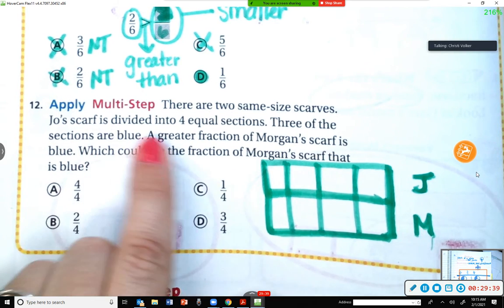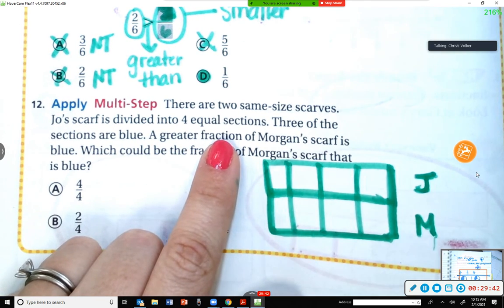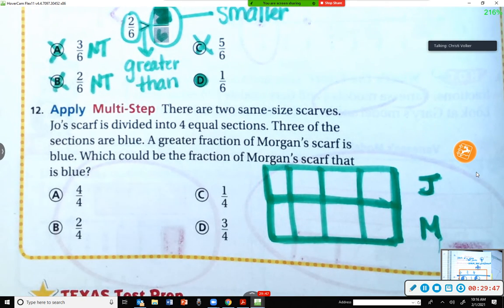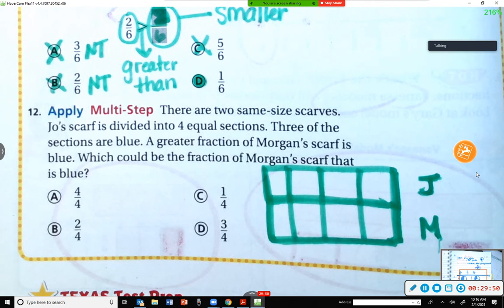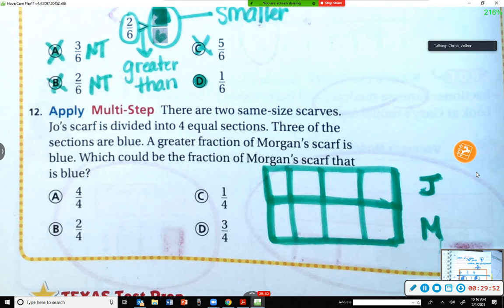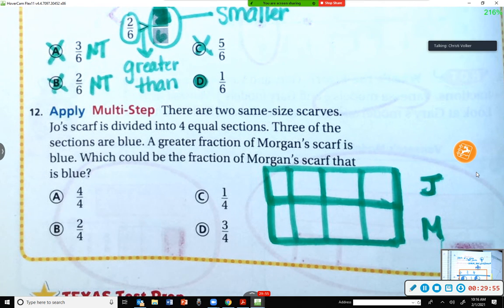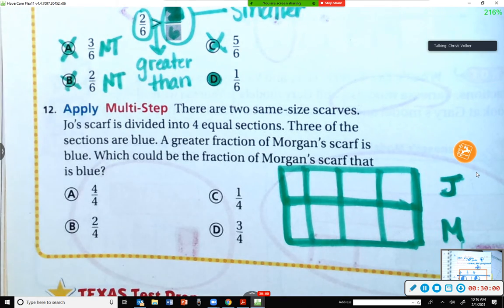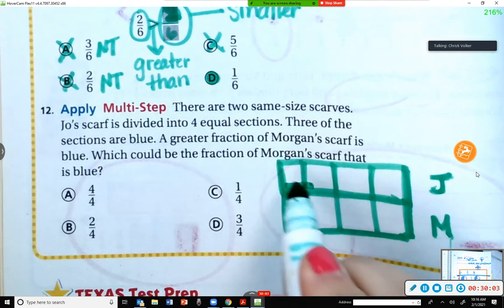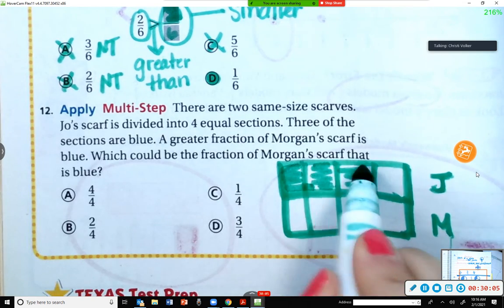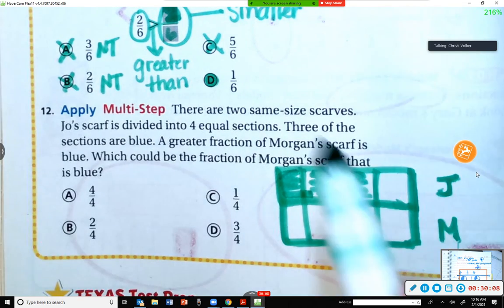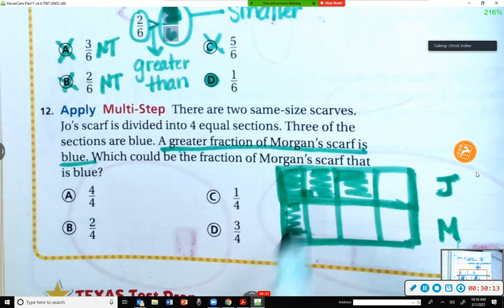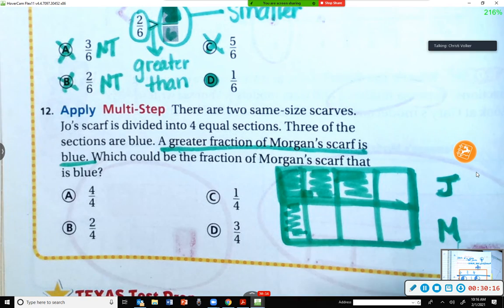Okay, so for Joe's scarf, how many sections should I shade in? Why would we do 2? Read the problem. What does it say? 3 of the sections are blue. So we need to shade 3. 1, 2, 3. Okay? A greater fraction of Morgan's scarf is blue. So can I shade 1/4? Is that greater? No. 2/4.